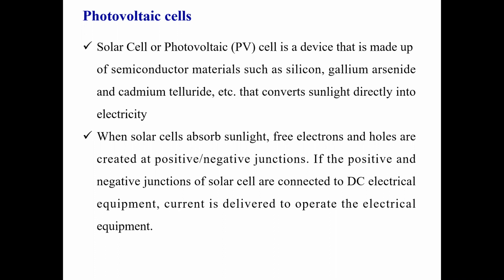Why do you need a semiconductor? I'm going to discuss with you. It can be silicon, gallium arsenide, cadmium telluride. These are all categories of semiconductors that convert sunlight directly into electricity. How? I'm going to discuss. It's written over here, but I'm going to explain these things.